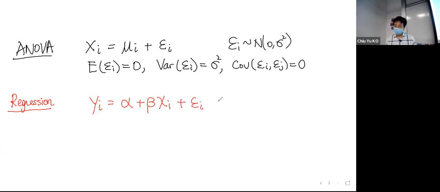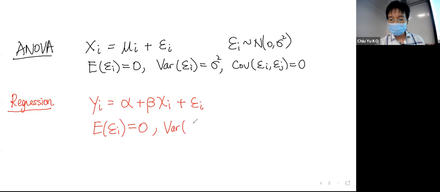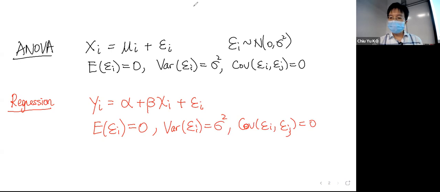And we also have the same assumptions we want to make: the mean of this is 0, the variance of this is sigma squared, the covariance of epsilon I and epsilon j is 0, okay? And later we will also assume epsilon I also follows a normal distribution. Okay, so that is the two models that we are working on.